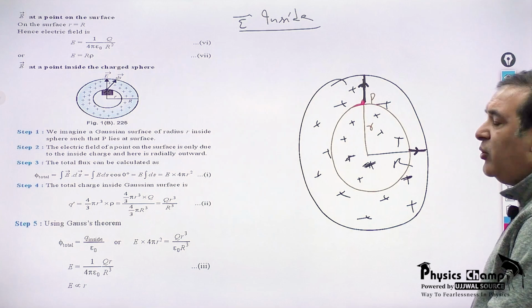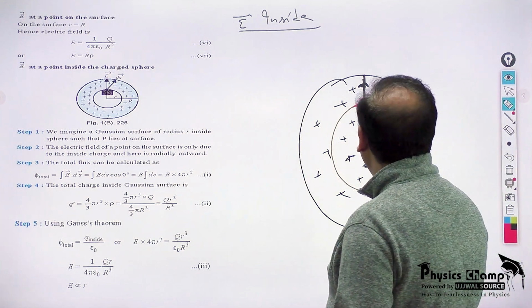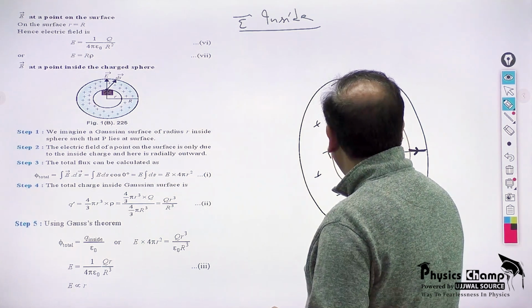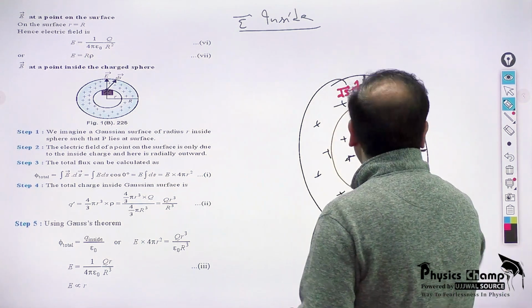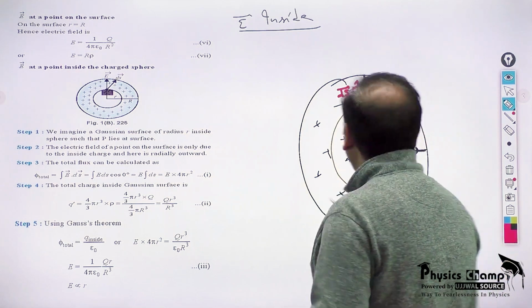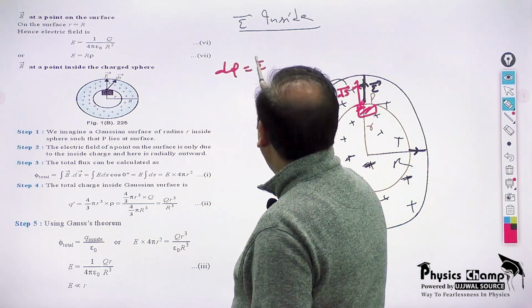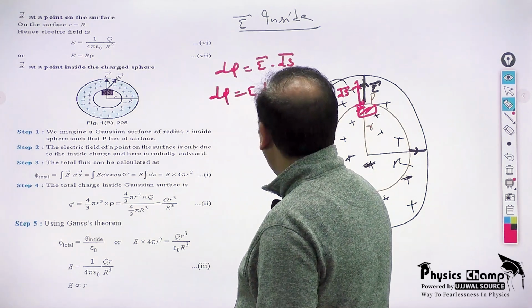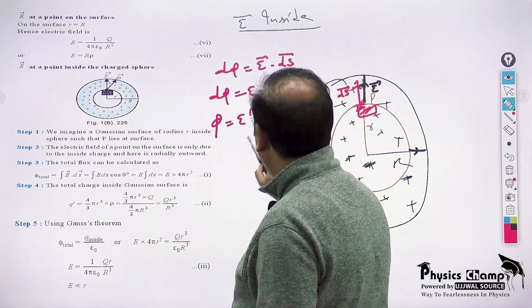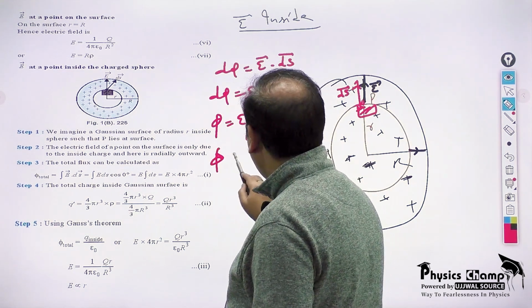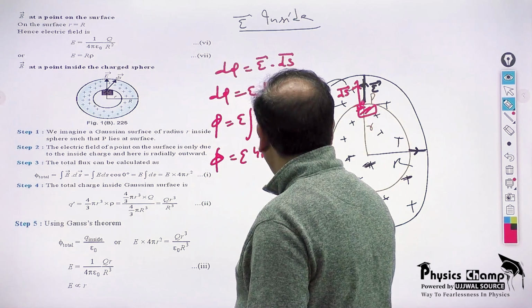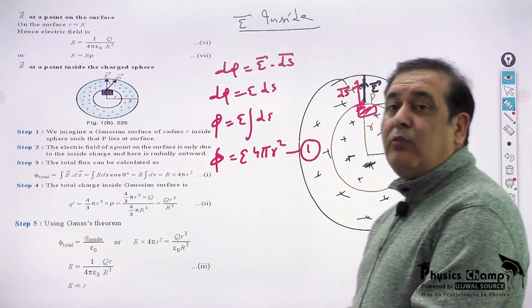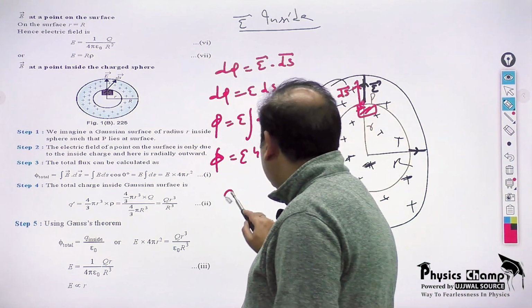Then you will take a patch on each kind of surface. So let's take it like this. Its area vector is here, and electric field in this direction. So the flux through it will be E dot ds. The flux through it will be E ds cos 0. The total flux will be E into 4 pi small r square. But next comes the most important point, that is charge inside.